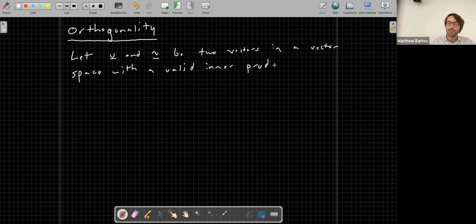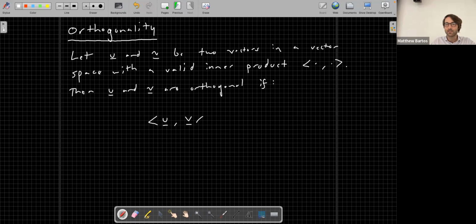Okay, so it has to meet the definition of the inner product that we gave last time. Then we say that u and v are orthogonal if the following equation holds. If we take the inner product of u with v, that inner product is equal to 0. Okay, so we say that u and v are orthogonal if their inner product in some vector space with a valid inner product is equal to 0.